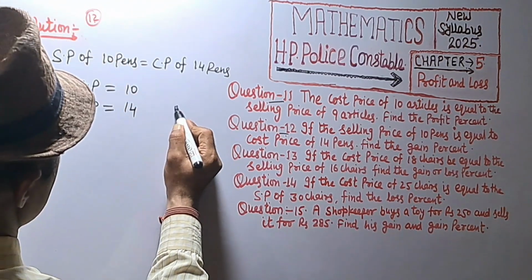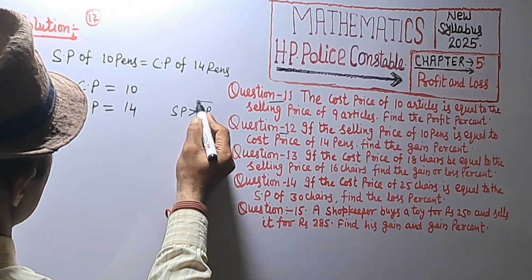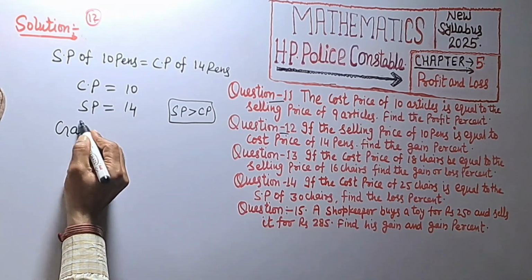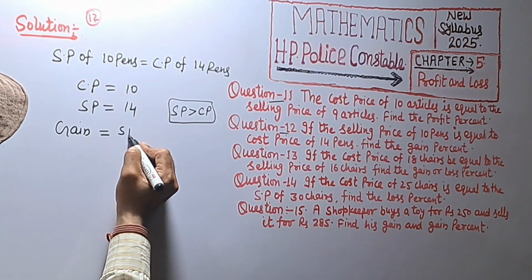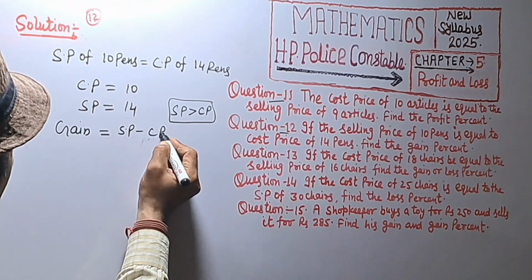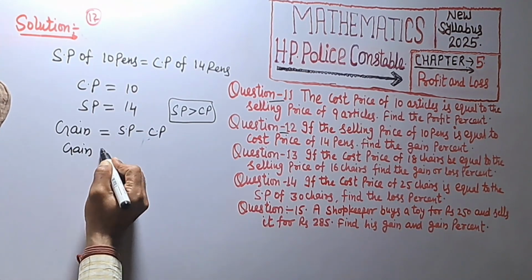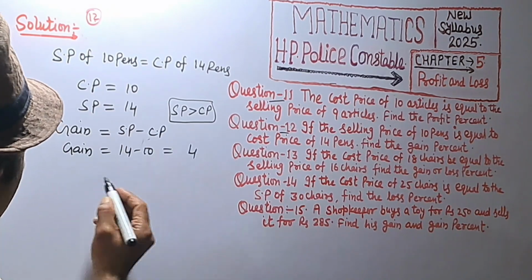Selling price is greater than cost price, we get gain or profit. Gain equal to selling price minus cost price. Gain equal to 14 minus 10, that is equal to 4.